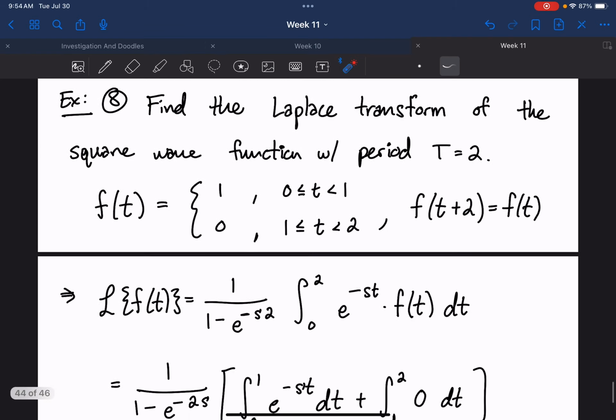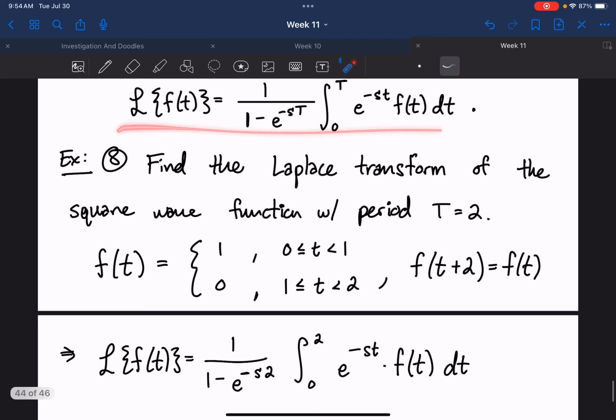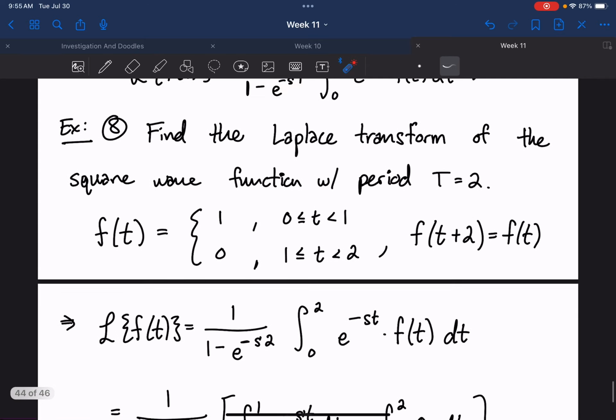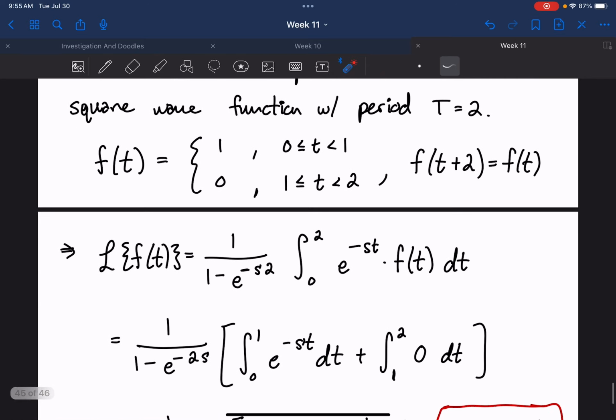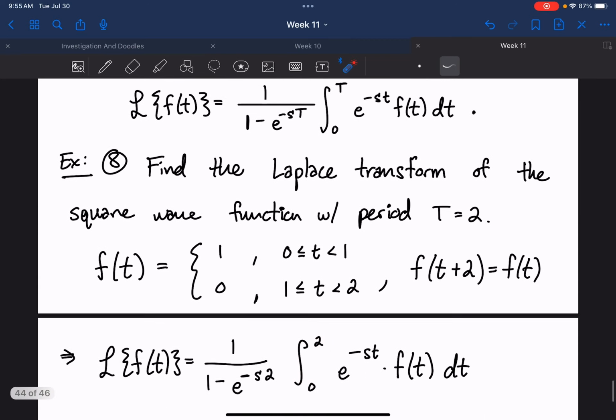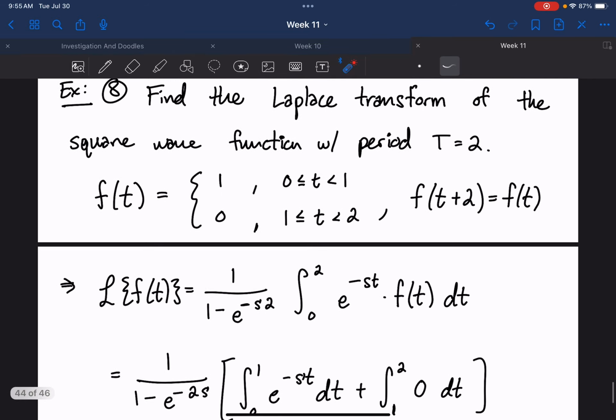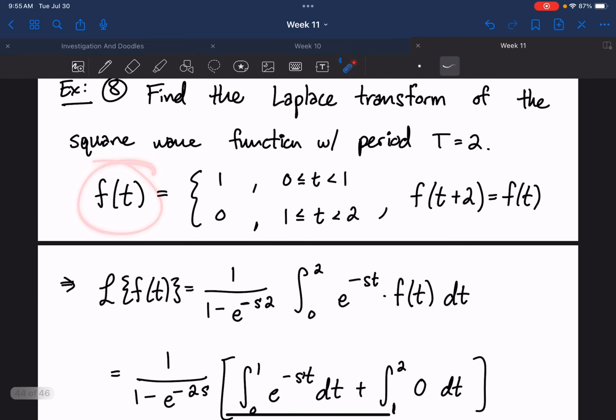We can use this formula. The Laplace transform of the whole function f, which goes across the whole real line, looks like this. The Laplace transform of that entire function is 1 over 1 minus e to the negative s times 2, times the integral from 0 to 2, the integral from 0 to the period, of e to the negative st f of t dt.